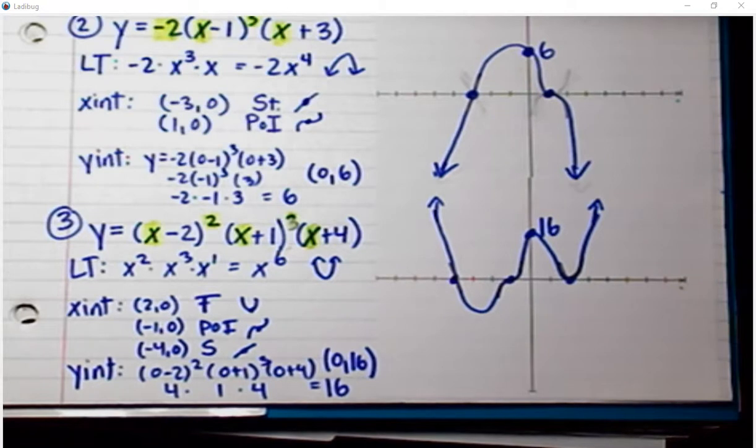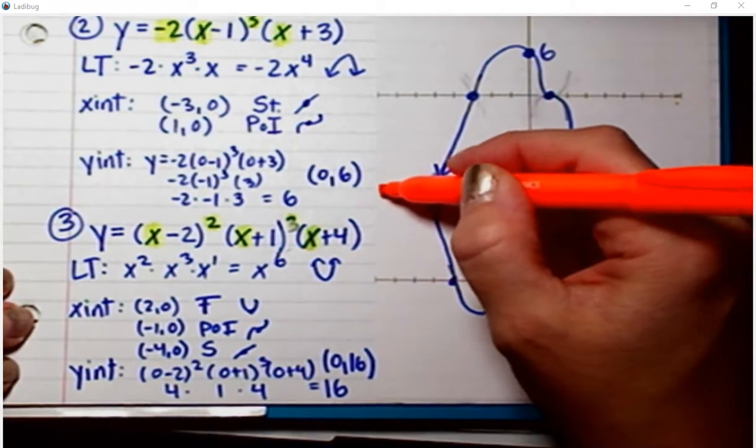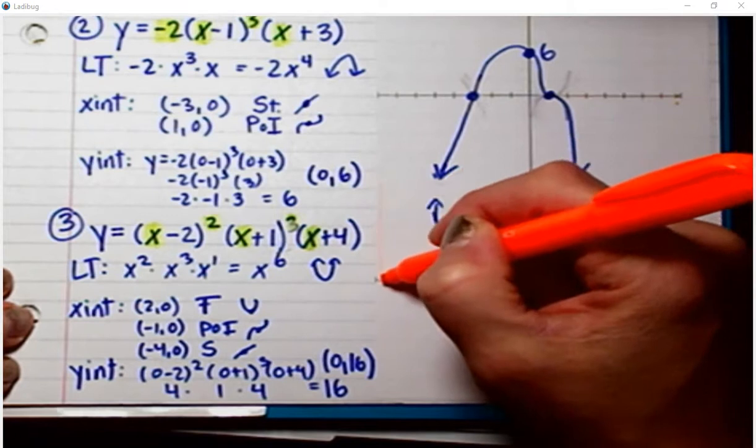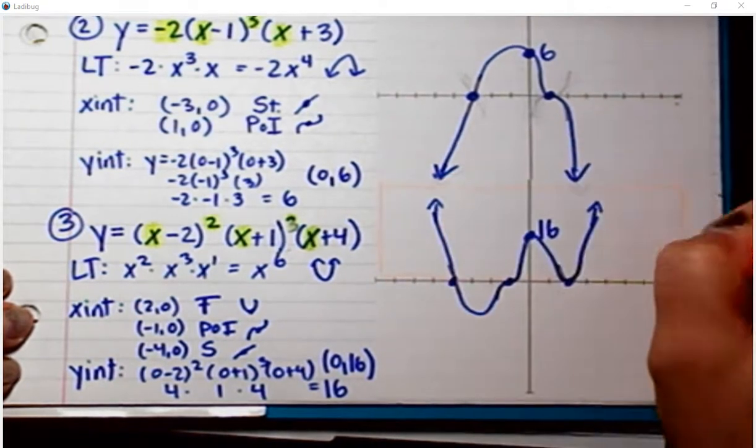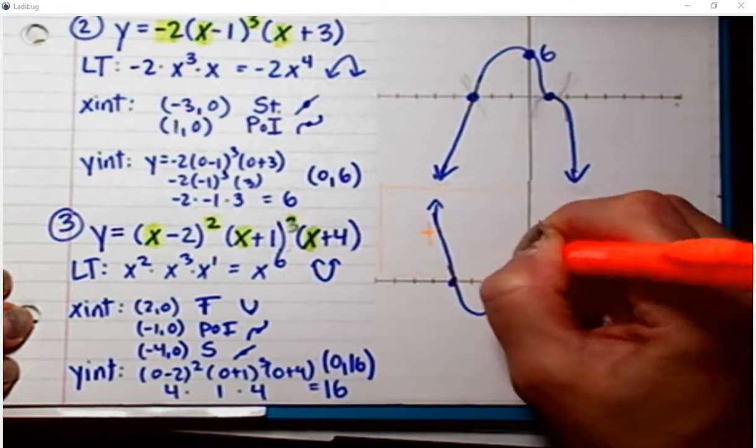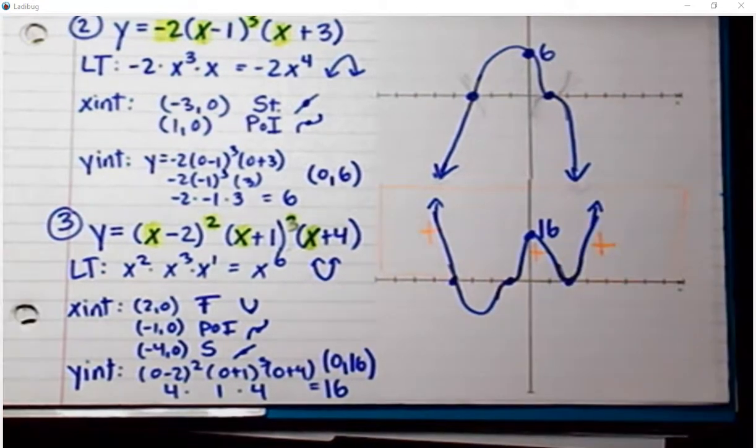So as I'm looking at this graph, you saw some questions that mentioned positive and negative. Okay? Positive is the top half. You know those inequalities we did? Positive is the top half.